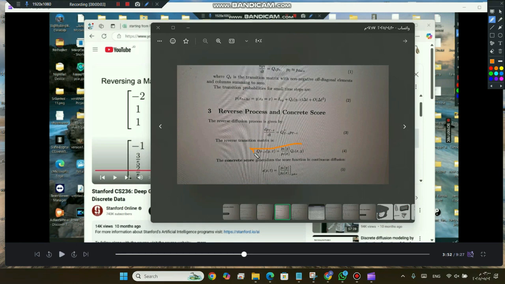It says that in order to evaluate a particular element in the reversed matrix, you need to multiply that particular element in the forward matrix by a certain ratio in the probability vector. So this is what it actually means.